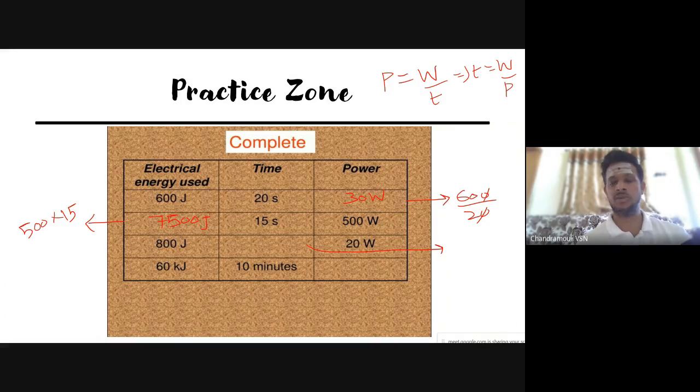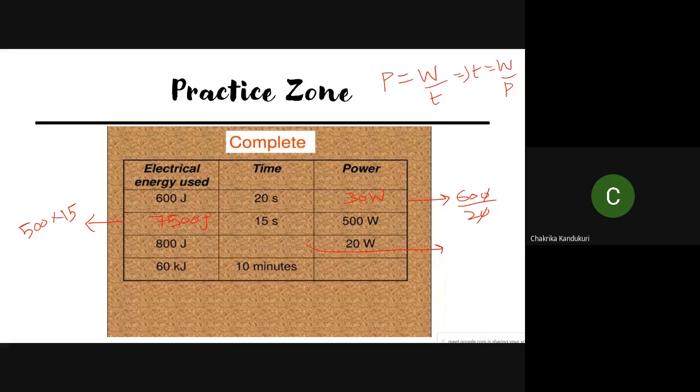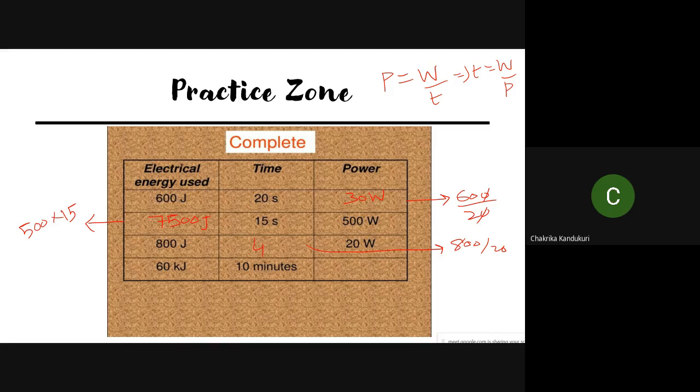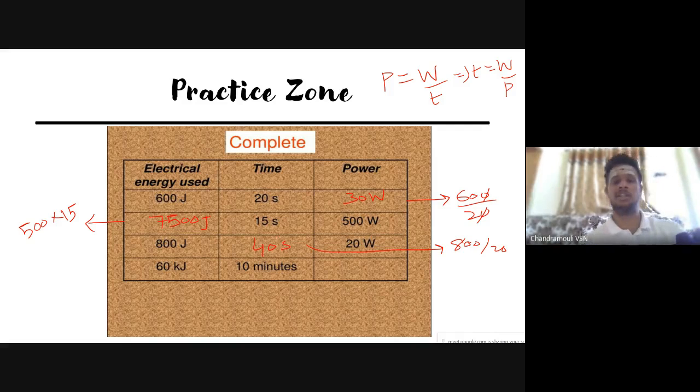Chakrika, you respond, better. Sir, they gave power and W. They're asking to find time. W by P. That means 800 by 20. The answer is 40 seconds. You should say the unit also, better.